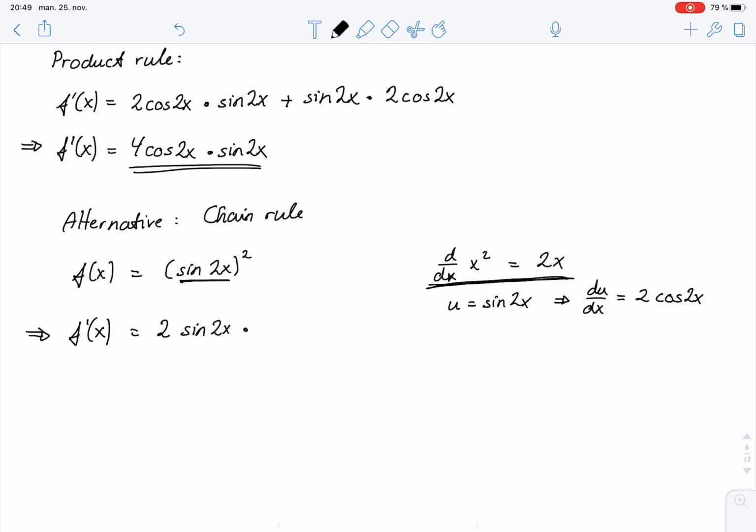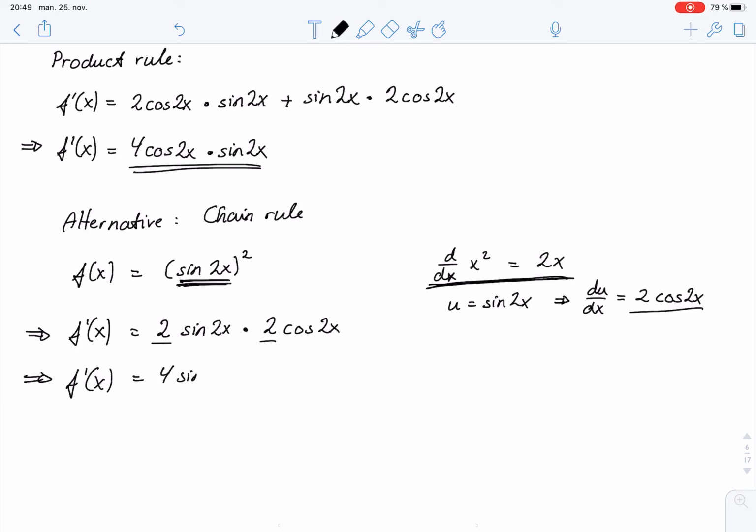And then we multiply by the derivative of what's inside the parentheses here. So again, we have a 2 times a 2, so we get 4.